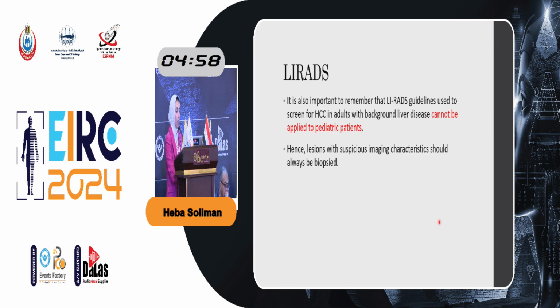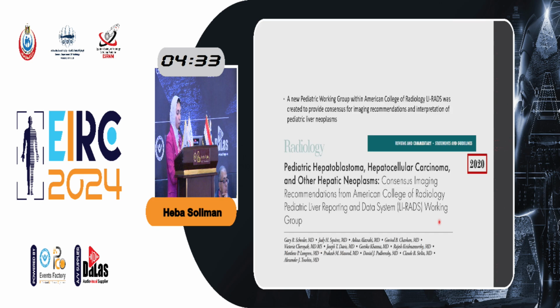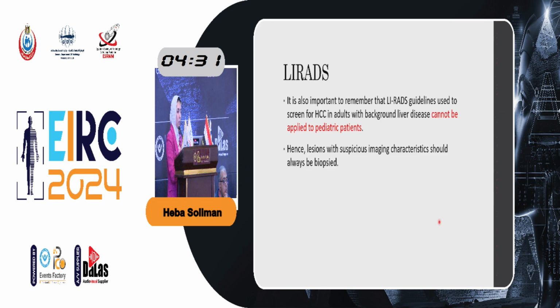We should note that LI-RADS, the Liver Imaging Reporting and Data System developed by the ACR to screen for HCC in adults, cannot be used in pediatric patients less than 18 years old. Hence, lesions with suspicious characteristics on CT or MRI should always be biopsied. The last version of LI-RADS was in 2018.